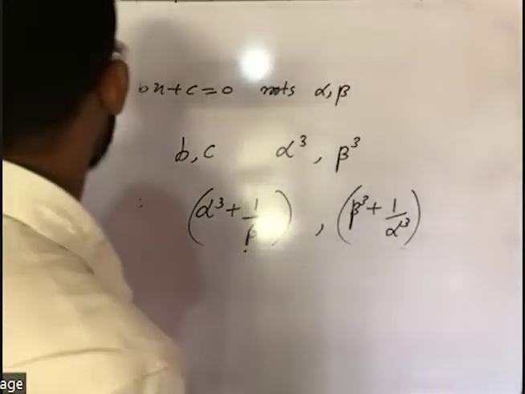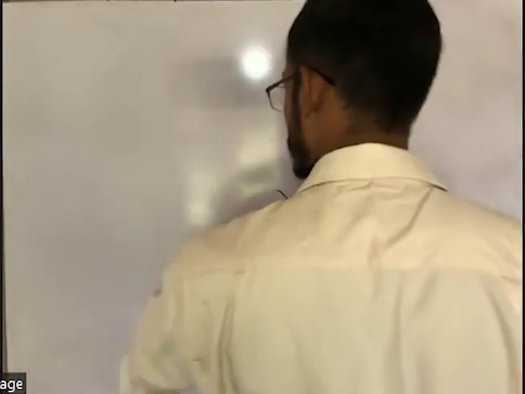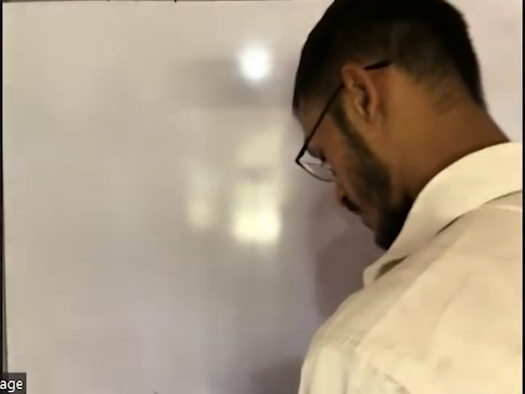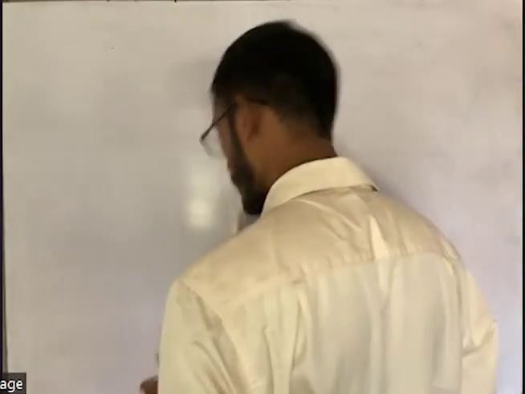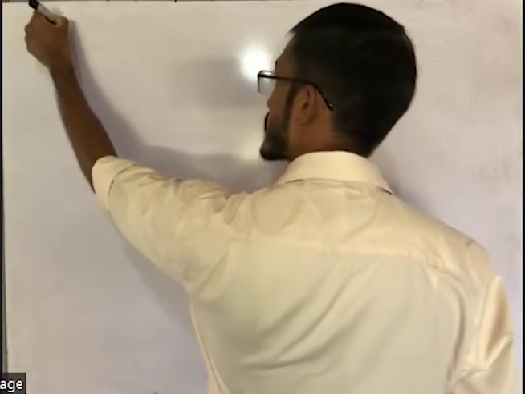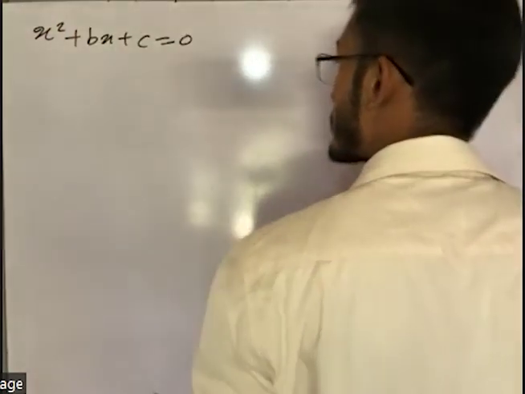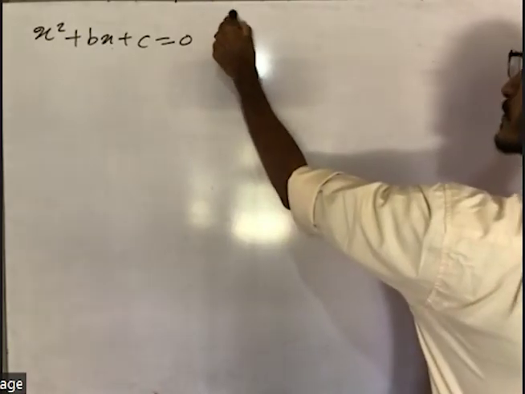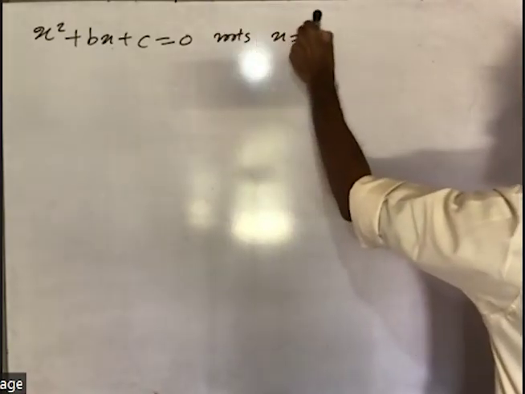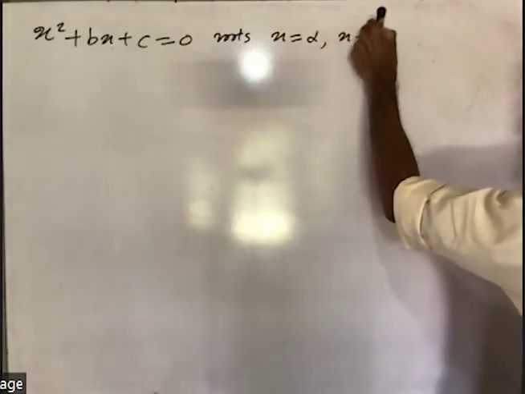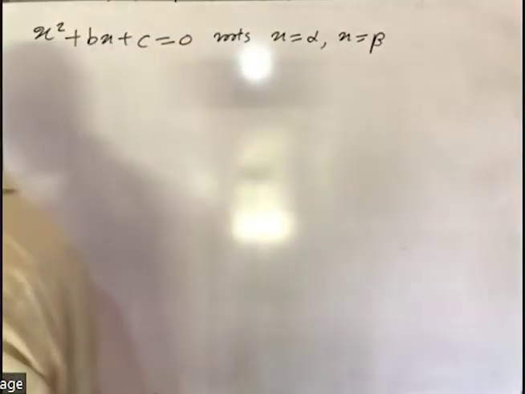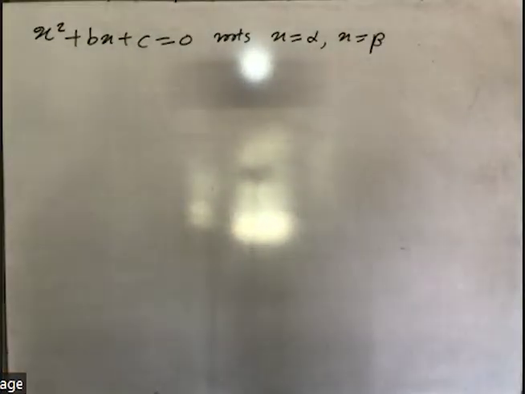Now let's see how to do this. Right. So first, the equation they have given is x square plus bx plus c equal to 0. Here the roots are x equal to alpha, x equal to beta. These are the two roots that they have given. Right.